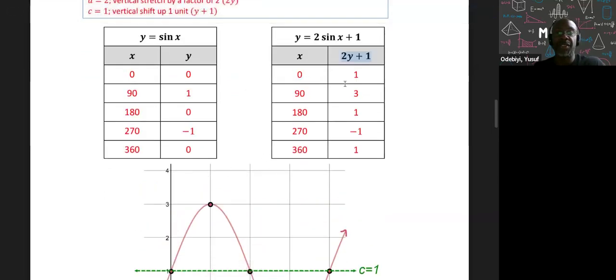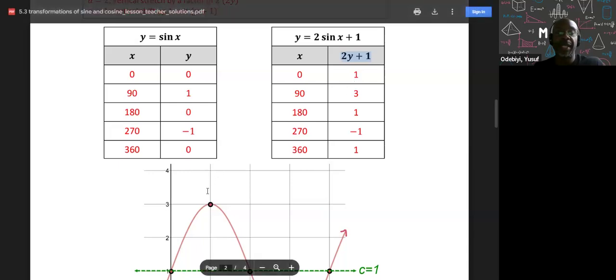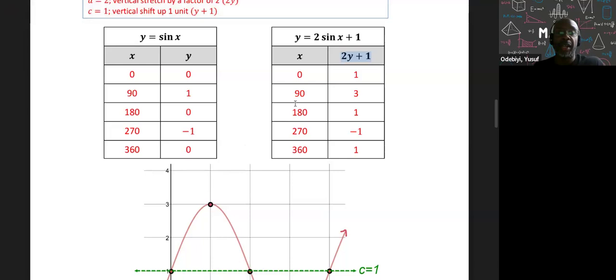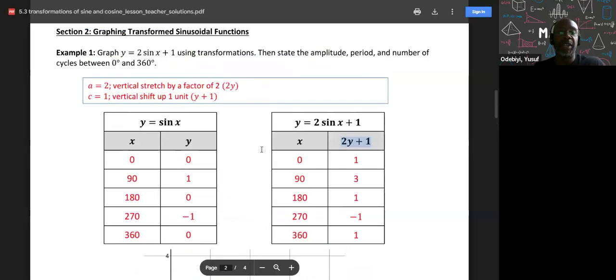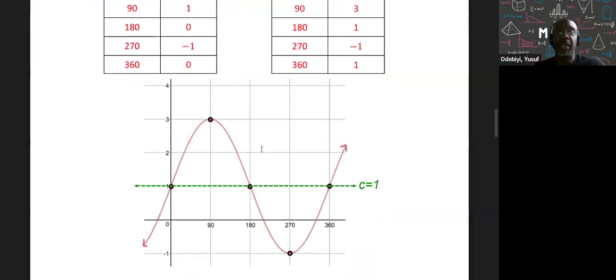So my x didn't change, but my y used to be 0 when my x was 0, and now my y is 1 when my x is 0. Okay, so it stretched and it moved up.